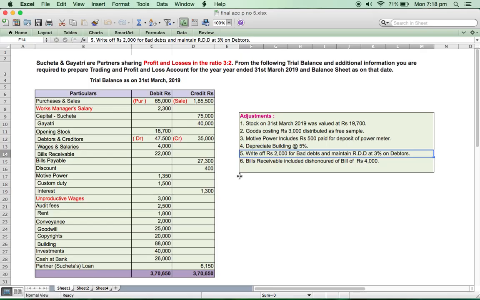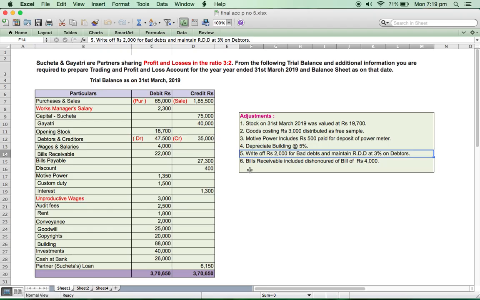For 2 adjustments, like bills receivable dishonored and unrecorded sales, we add the amount to debtors, and the other 3 adjustments, like bad debts, RDD and provision for discount on debtors, these 3 amounts we reduce from debtors. So whenever we are giving effect to such adjustments, always remember that we give effect first to the adjustments where we need to add to the debtors.